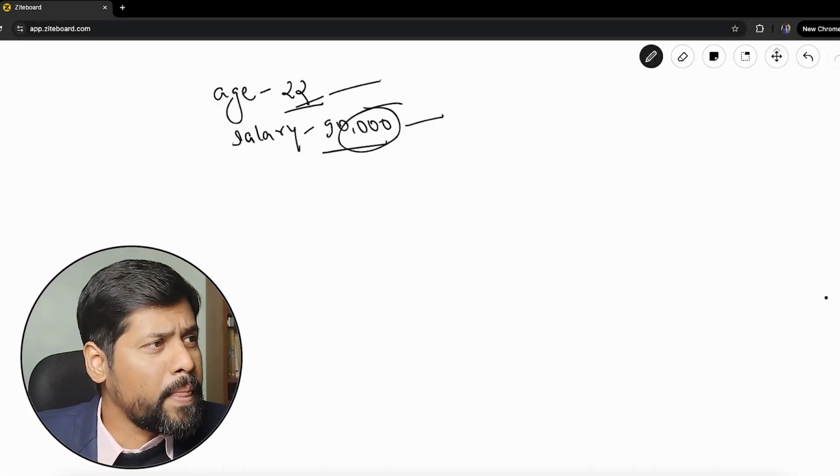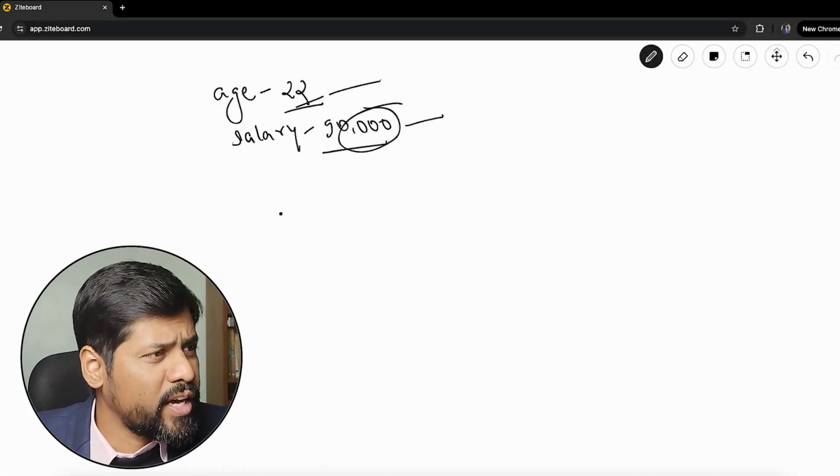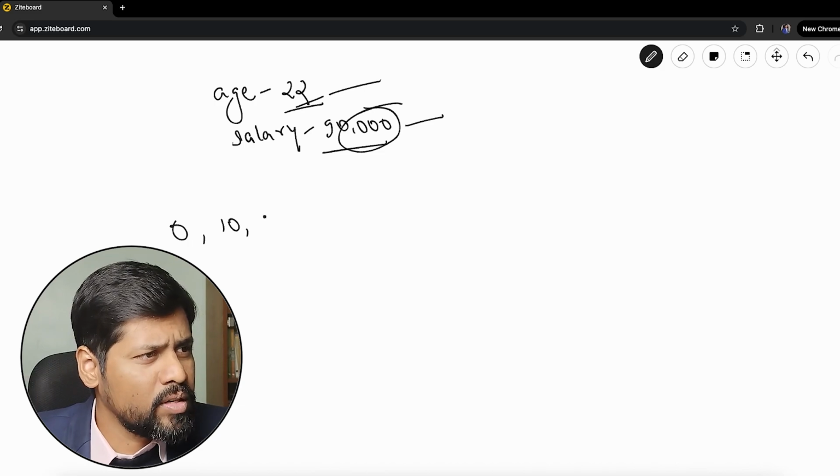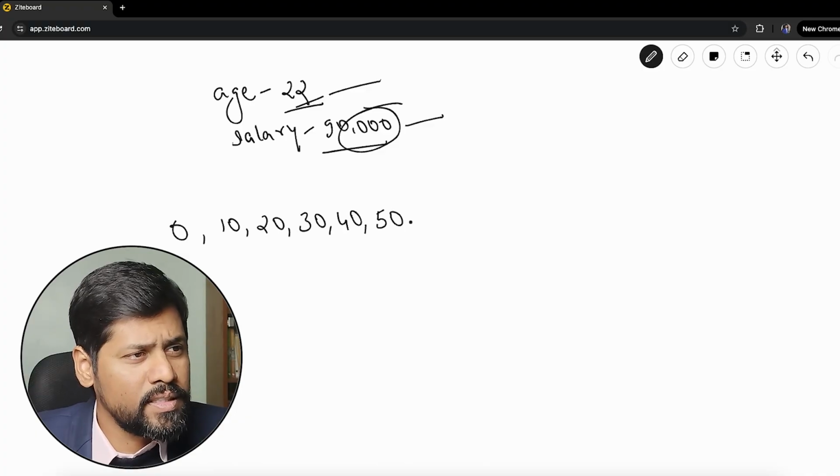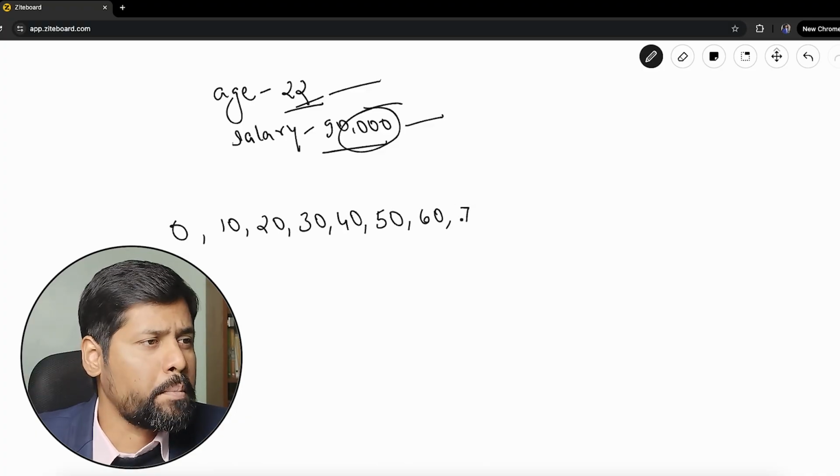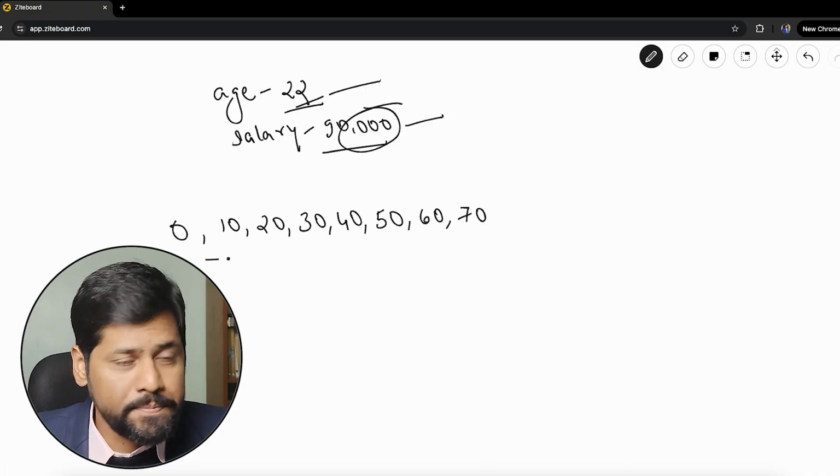Let's take an example. Let's say we have here 0, 10, 20, 30, 40, 50, 60, 70. We have these numbers.